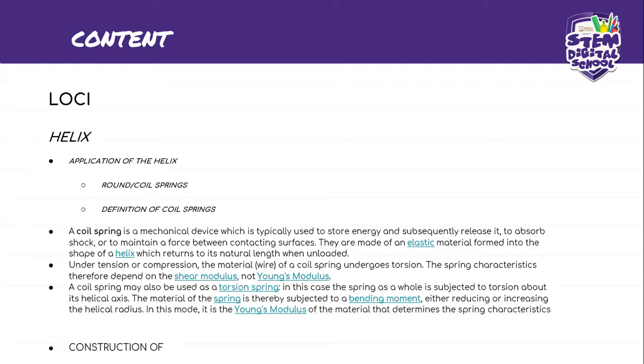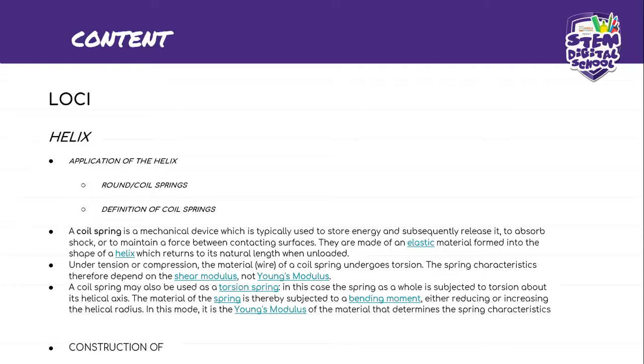The material of the spring is thereby subjected to a bending moment. Some of these terms I would leave the discussion for another day. Either reducing or increasing the helical radius. In this mode, it is the Young's modulus of the material that determines the spring characteristics.